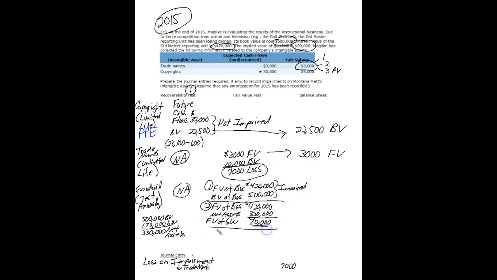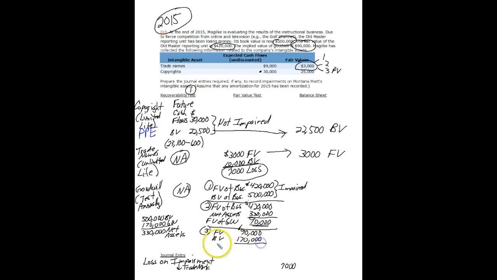Okay, let's go to step 3 then. In this problem, we did not have to do step 2 because they gave it to us. I was just going on a tangent to show you how they got the 90. So we didn't actually have to solve for it. So the next thing, we compare the fair value of goodwill, $90,000, but we have it on the books, remember, at 170.